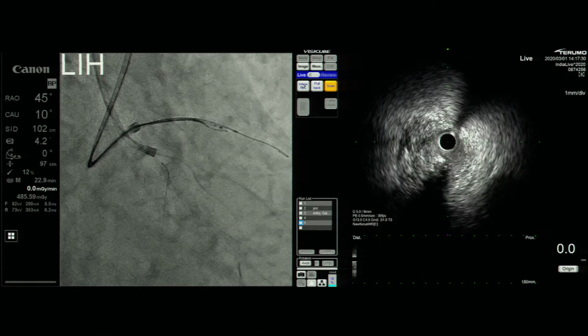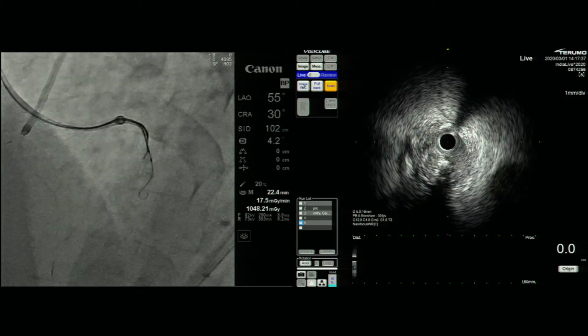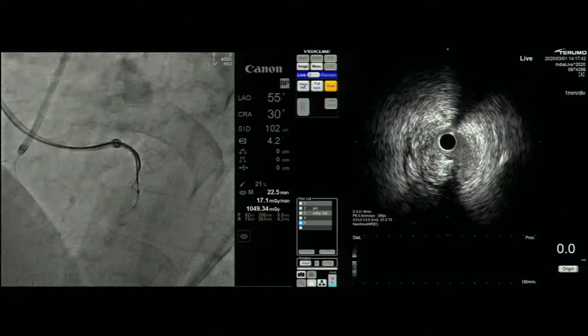So you advance the Corsair behind it already, and then you will switch wires, or you will try with this one? Now, yeah, it's one of the choices. Okay, go to this one.